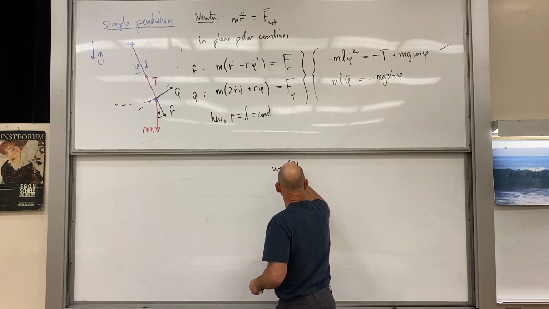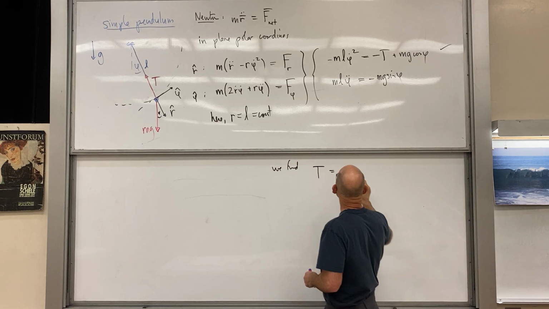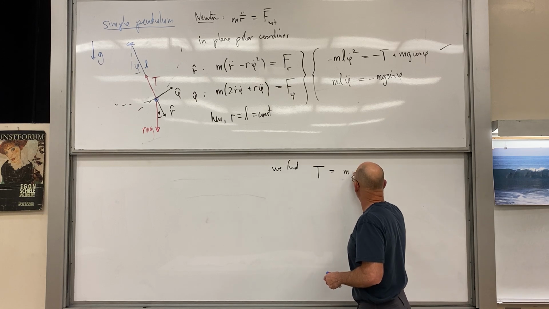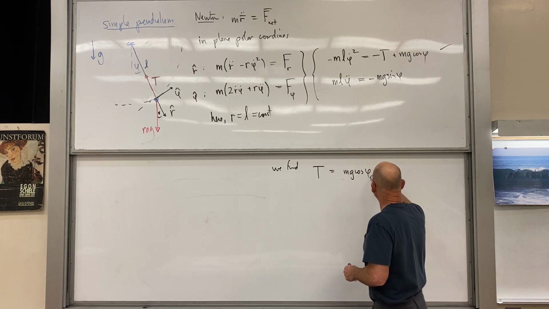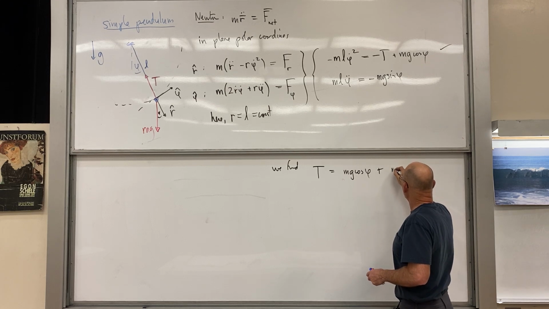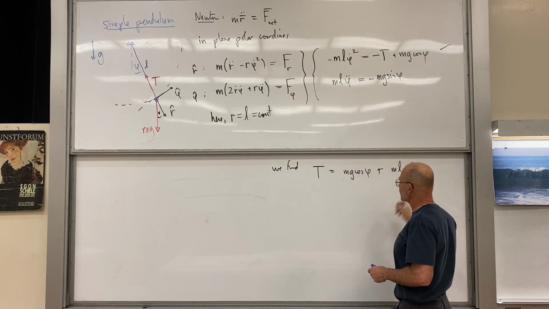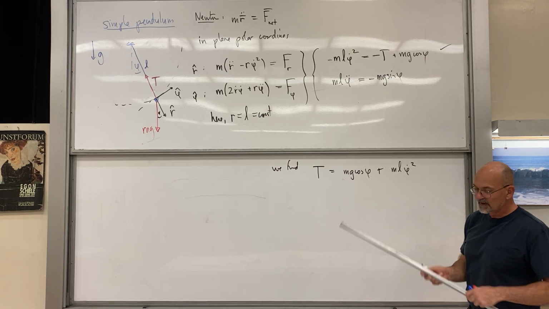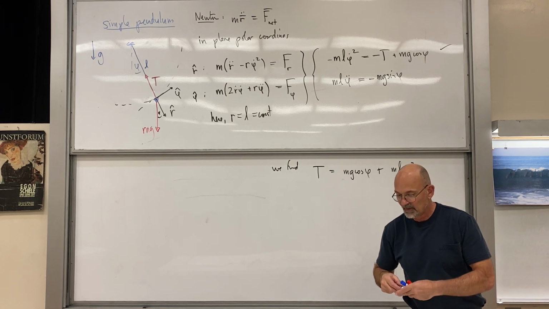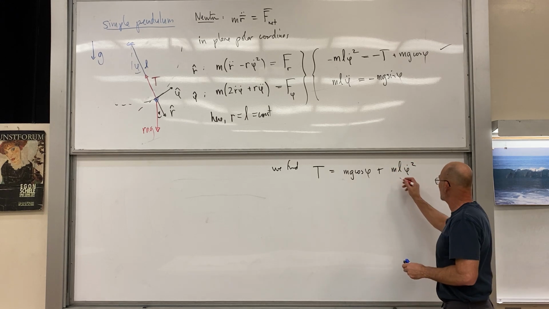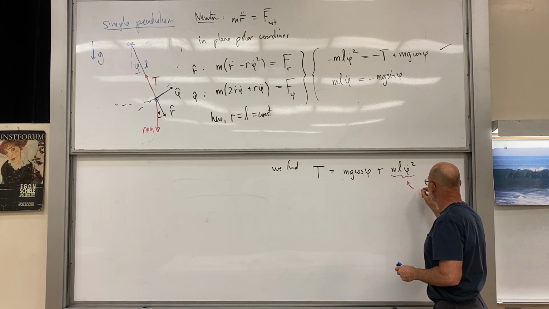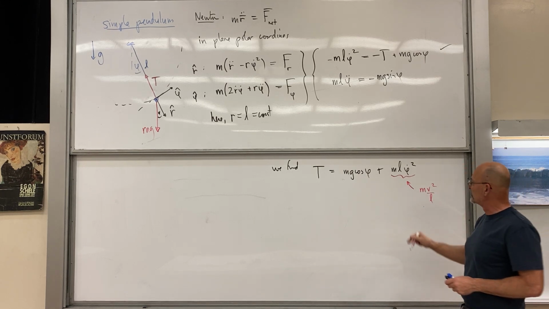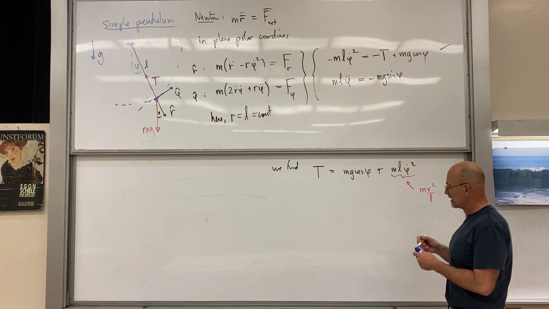So we find tension is equal to mg cosine of phi plus ml phi dot squared. If you look at this and consider it for a moment, you'll see that this is the famous expression mv squared, in this case over L. That's the centripetal force expression.